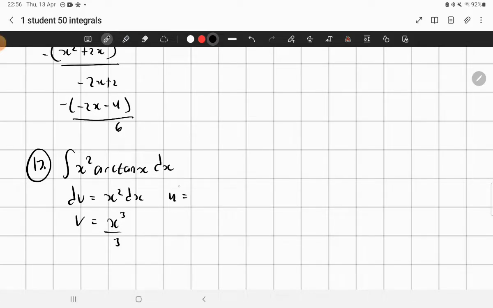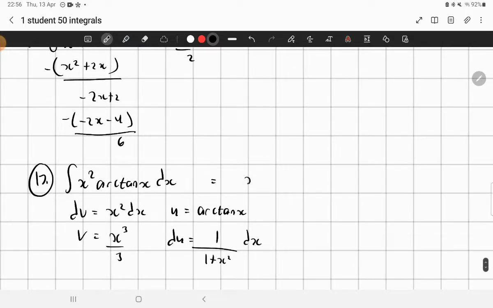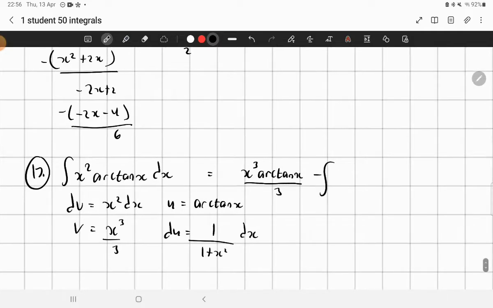How about u? u will be arctangent, and by taking the first derivative, du equals 1 over 1 plus x squared dx. So you could express this as x cubed times arctangent of x over 3 minus, let me bring out the constant here, 1 over 3 the integral of x to the power of 3 over 1 plus x squared dx.